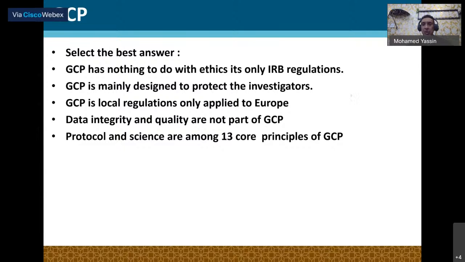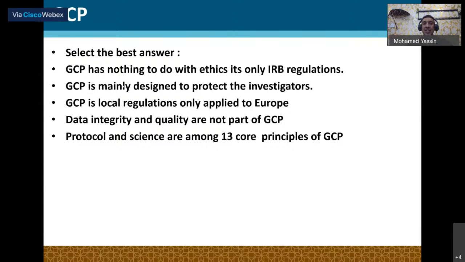We have some tools here. I need you just to answer the questions. Select the best answer out of these five answers. Number one, GCP has nothing to do with ethics. It's only IRB regulations, meaning internal regulations for IRB. And we mean by IRB, Institutional Review Board, which in some countries is called Ethics Committee.